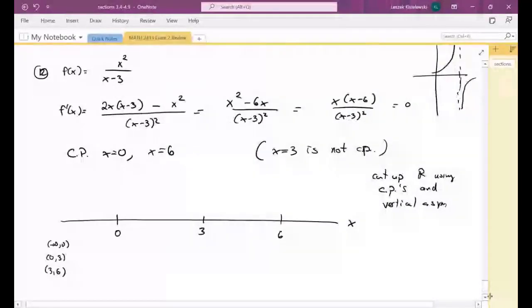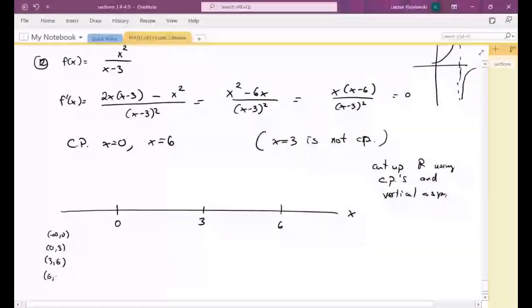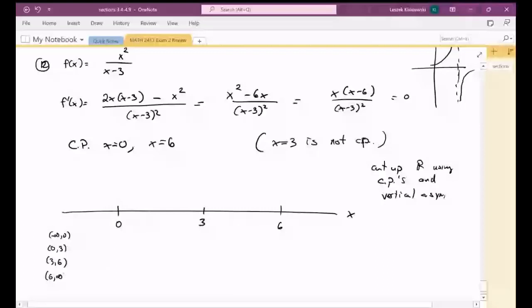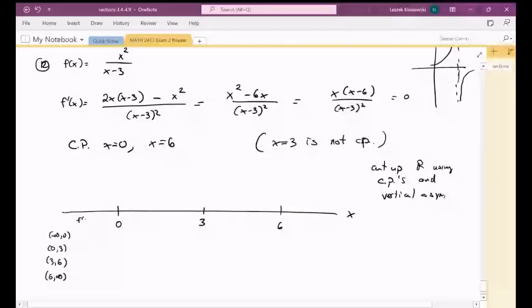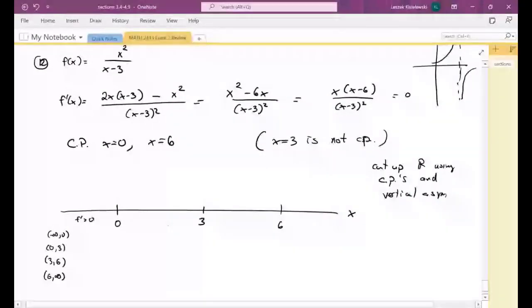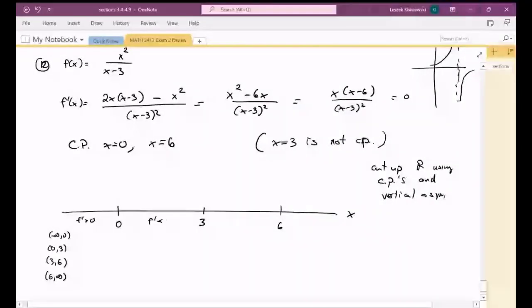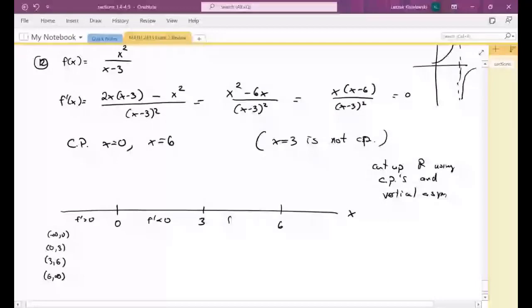And then we can test, right? On the first one, the first derivative would be positive. Negative here. Negative, interesting, right? So positive.